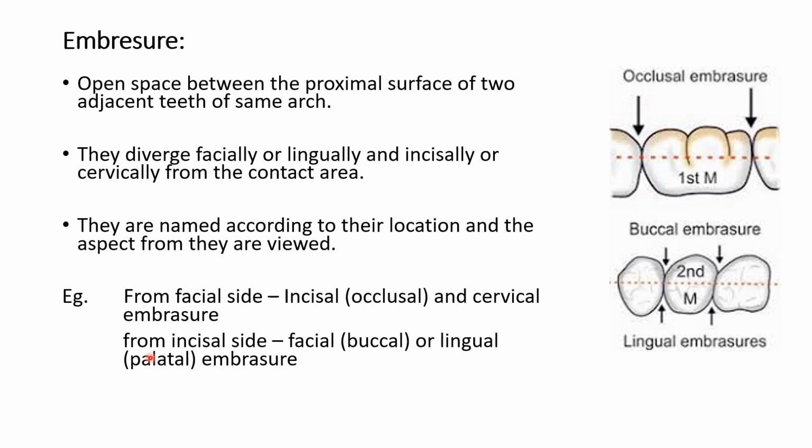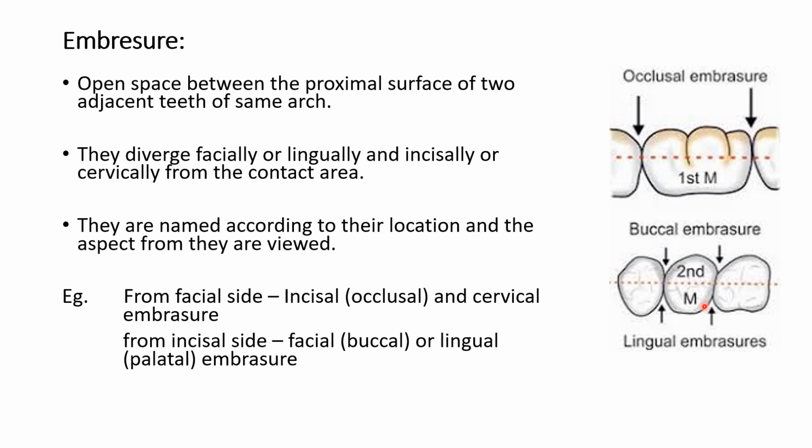If I am viewing the tooth from the incisal or occlusal side, I will have the buccal embrasure and the lingual embrasure. I can see these triangular spaces here as the buccal embrasure, and these triangular spaces are called the lingual embrasure. So you can now make out the difference between interproximal spaces and the embrasure.